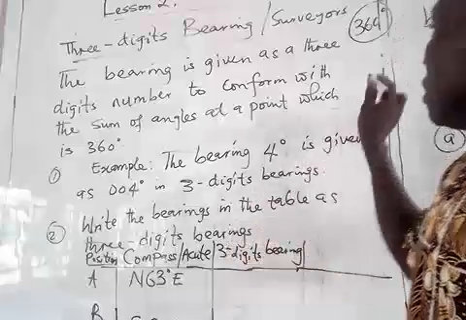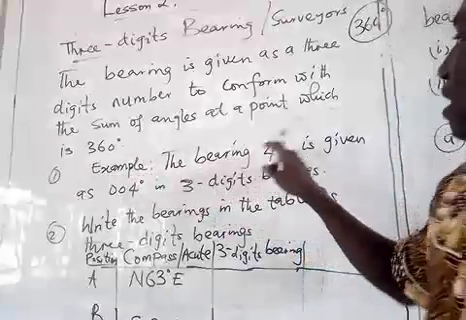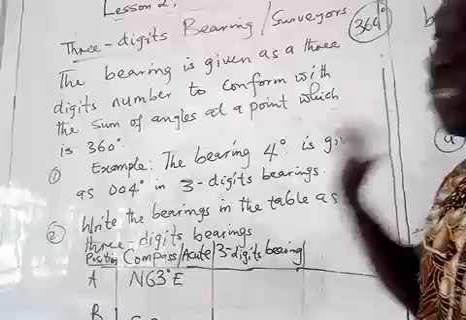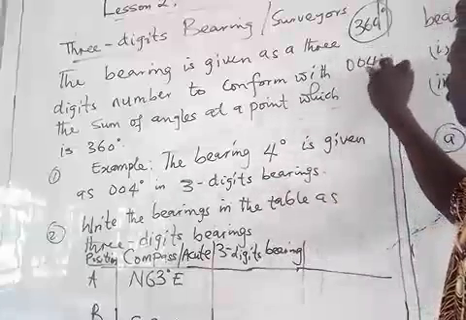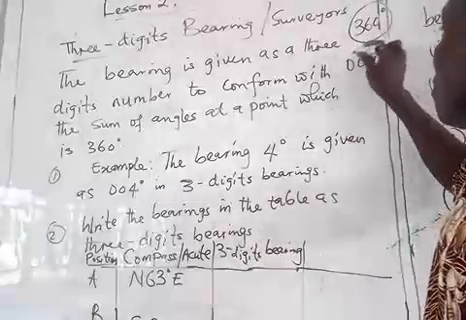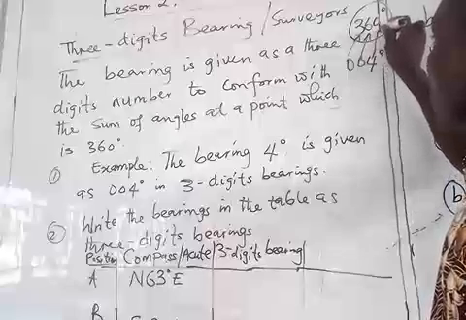An example is this: if a bearing is measured as 4 degrees, in three-digit bearing we will write this as 004 degrees, so that the 3 digits conform with this arrangement.